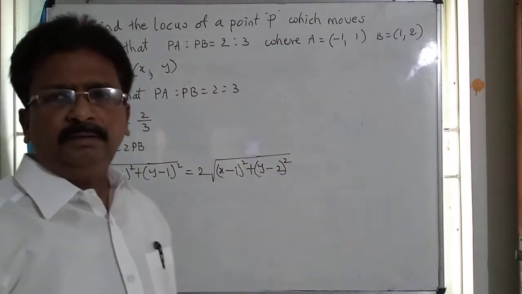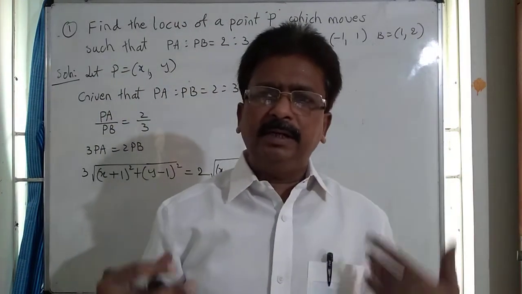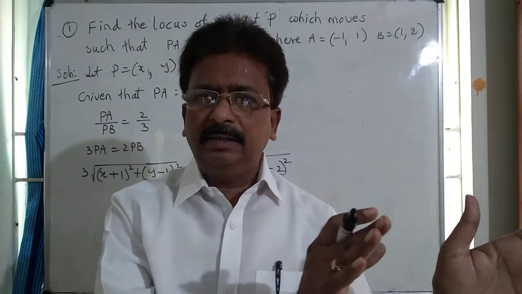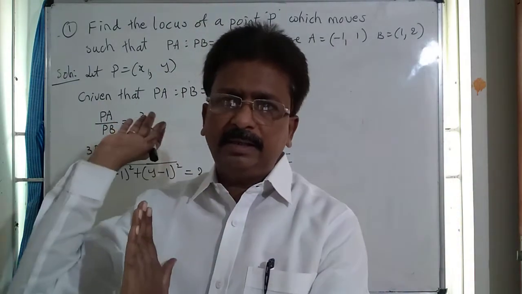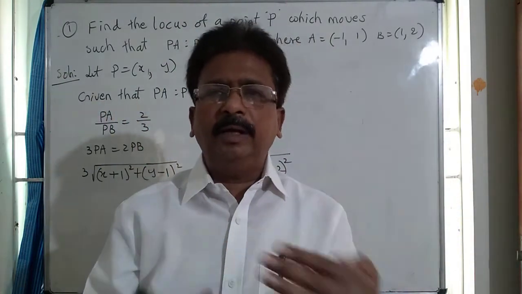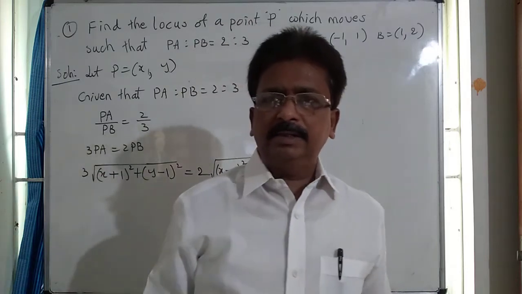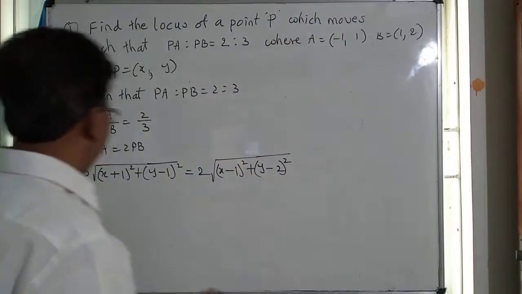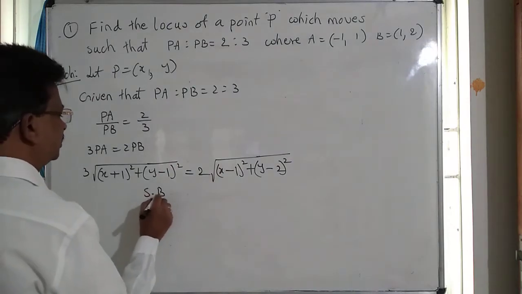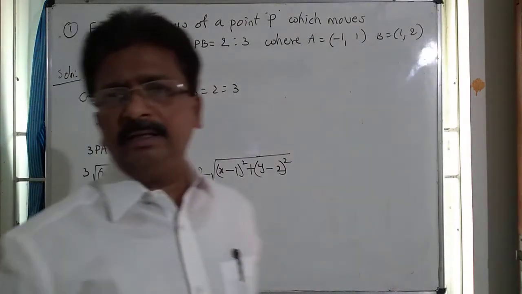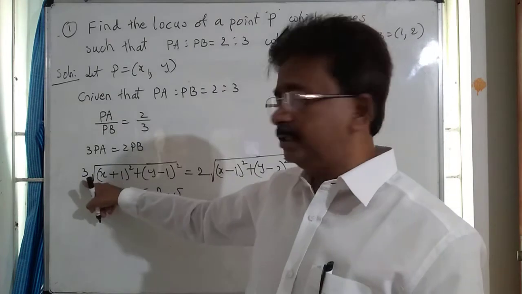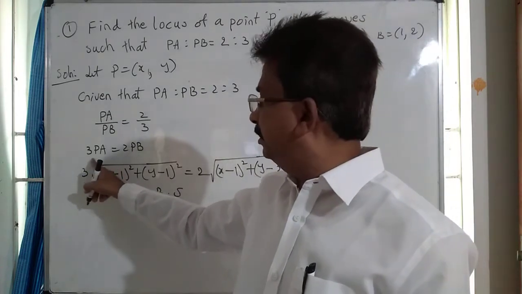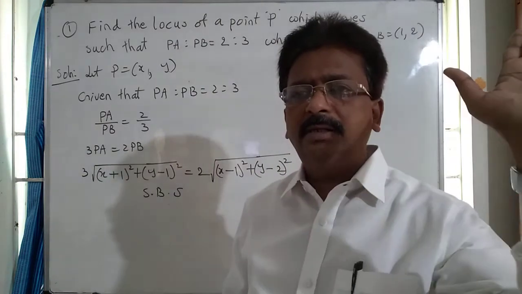Now hereafter it is just simplification of the equation. Applying the condition is over. We have applied the condition. Next we have to simplify this equation. Squaring on both sides to avoid the square roots. So squaring on both sides, on the left side each one should be squared. 3 also must be squared. 3 square is 9, and on squaring, the root is eliminated.